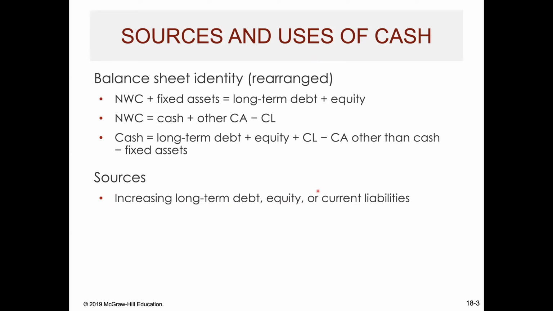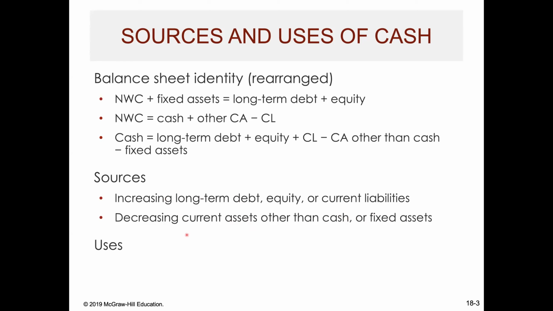Or current liabilities, such as accounts payable. Whenever we don't pay for materials we have received, that is a source of cash. Also decreasing current assets other than cash, or fixed assets. So as we convert inventory or accounts receivable into cash, or fixed assets, let's say we had a truck we sold, we decrease these others, we'll increase our cash. Those are sources of cash.